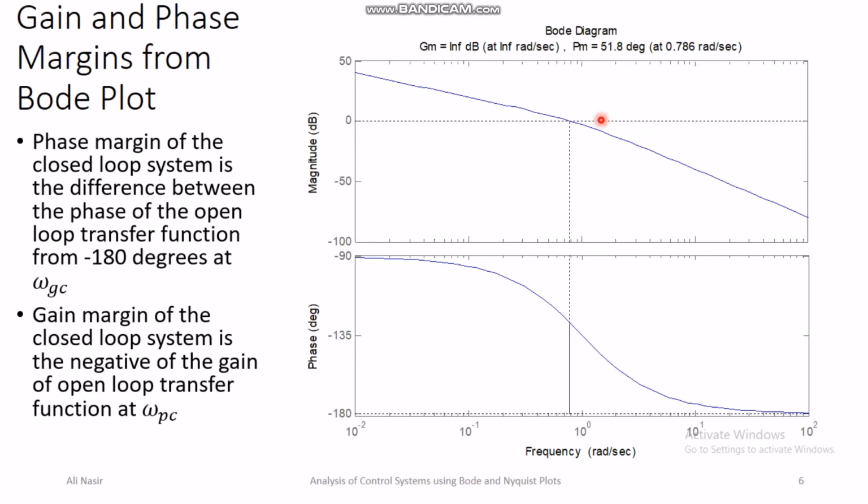And at phase crossover frequency, the negative of the gain would be the gain margin. In this case the phase keeps on going, so the phase crossover frequency is infinite, so the negative of negative infinity would be positive infinity, so the gain margin would be positively infinite.